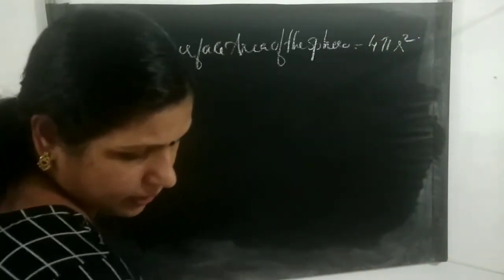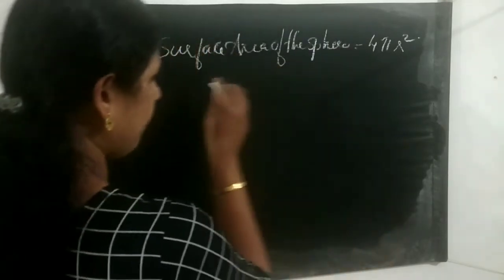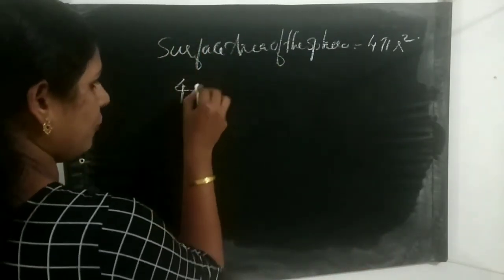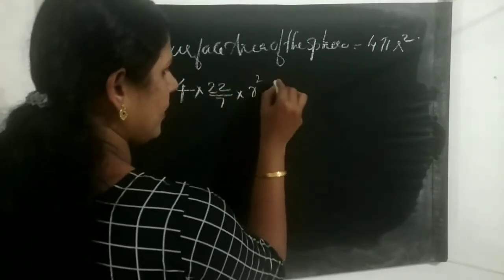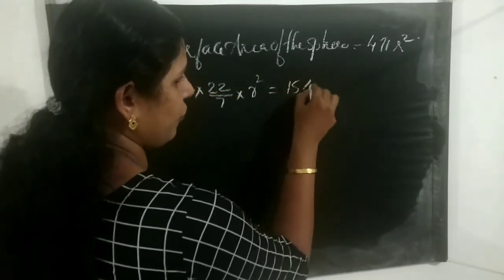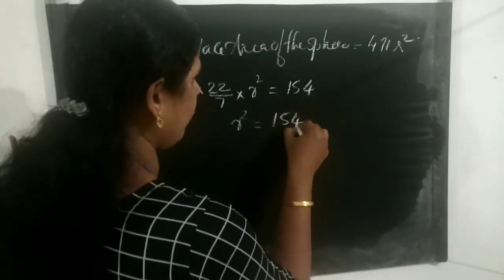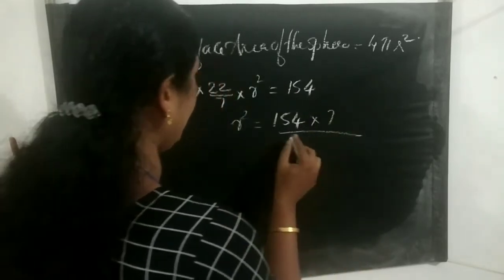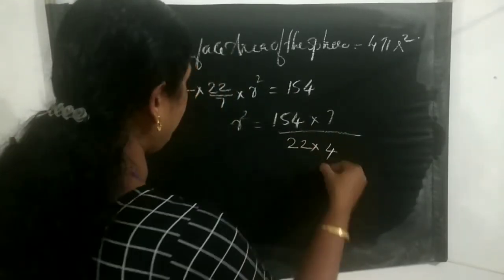It is given that the surface area is 154, that is 4 pi r square, 4 into 22 by 7 into r square is 154.